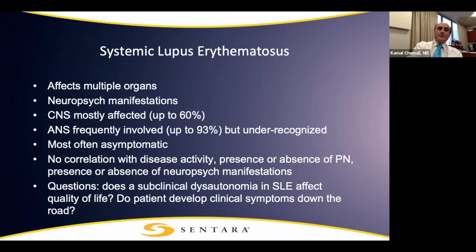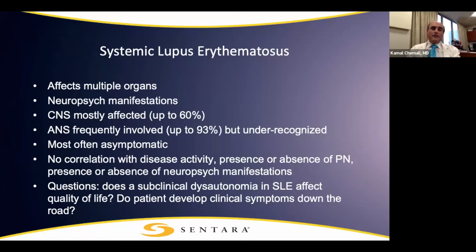Now, this being said, there are studies that have looked at autonomic nervous system involvement in lupus, and some studies have come up with that astounding number of 93% of lupus patients having an autonomic disorder. But most of those cases are asymptomatic. So basically, they are found on testing.